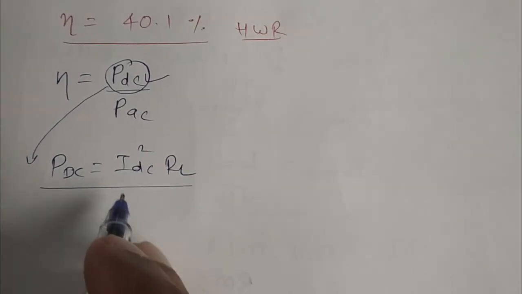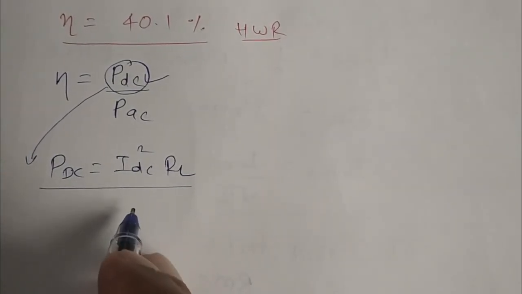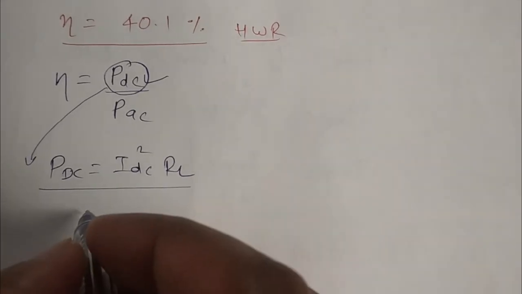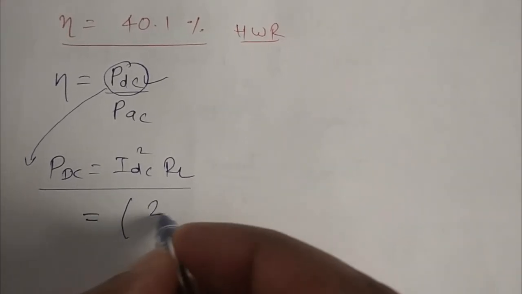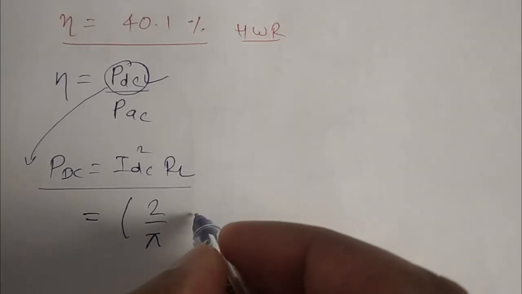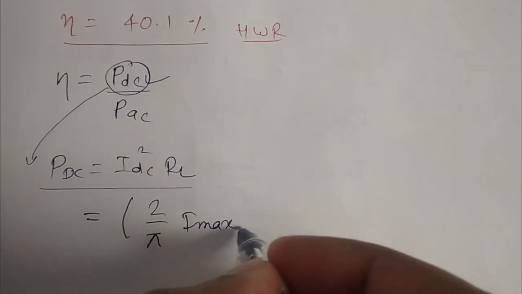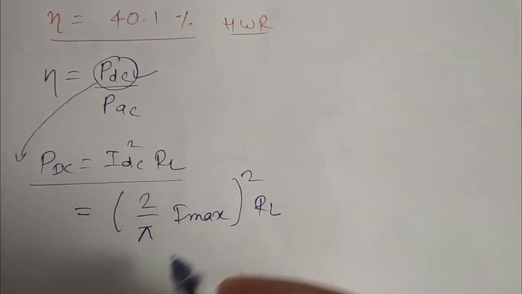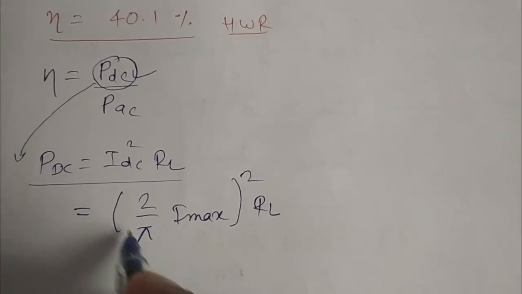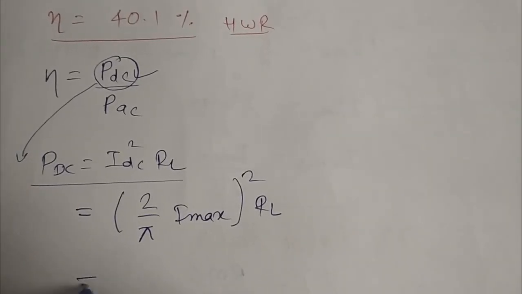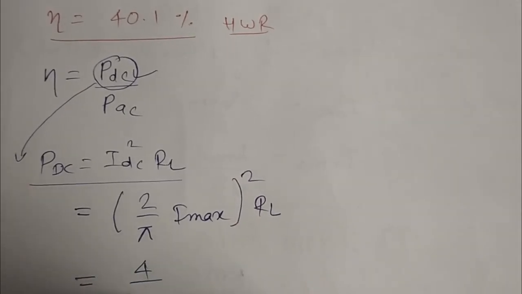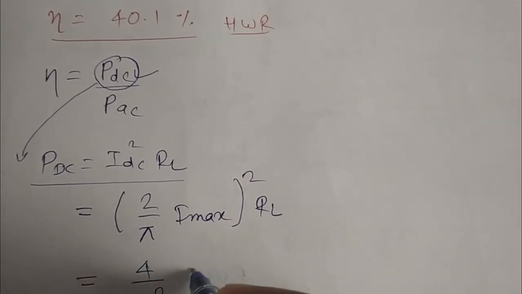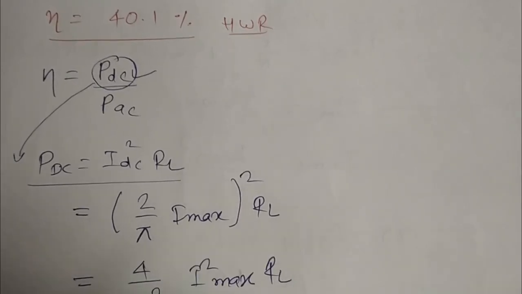This will be the PDC. IDC we have calculated. If we keep the value of IDC, we will get 2 by pi I max whole square into RL. If we take the square of this term, we can write it as 4 by pi square I square max RL.